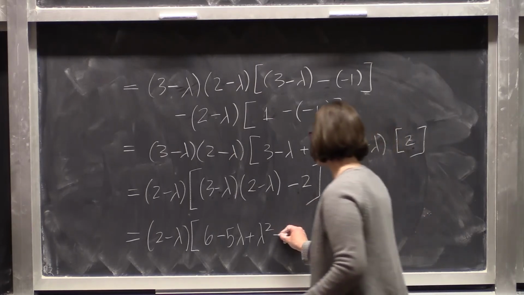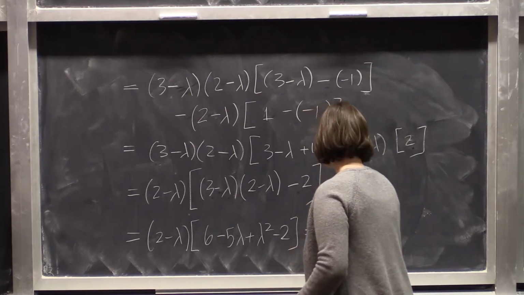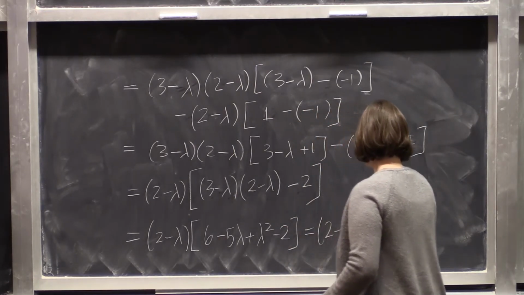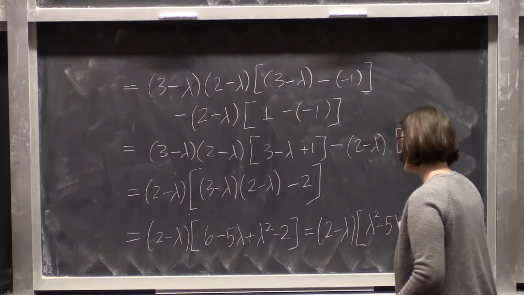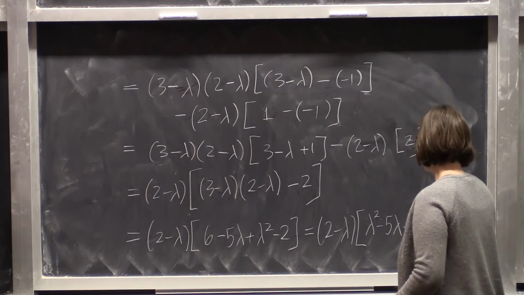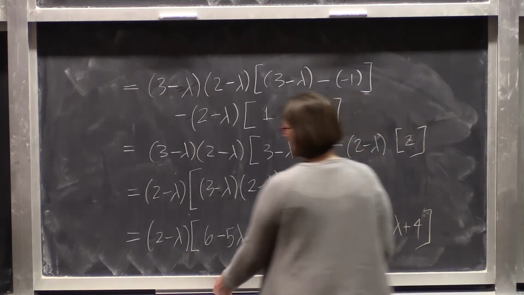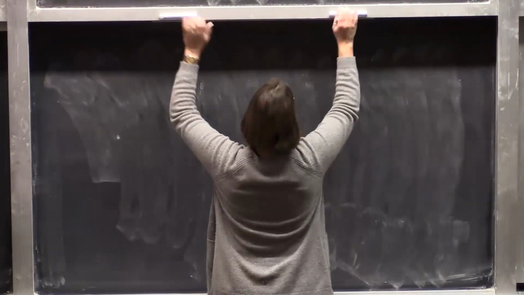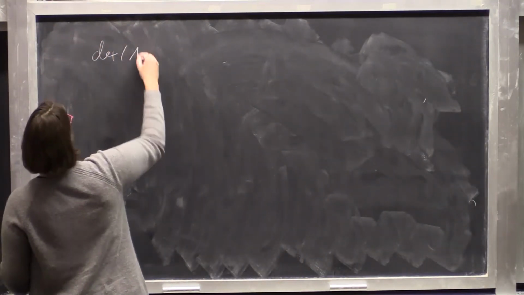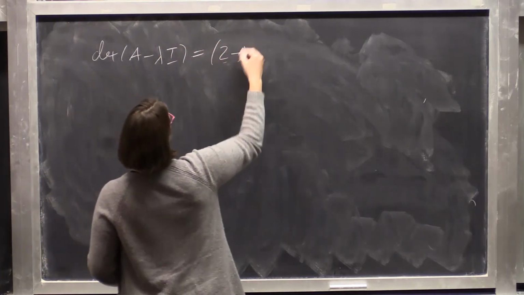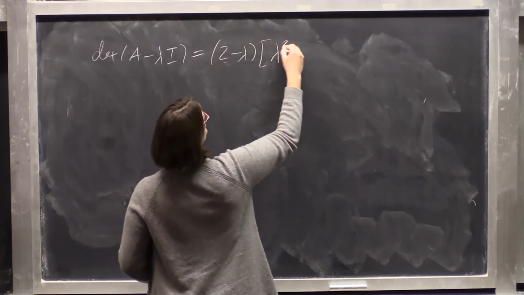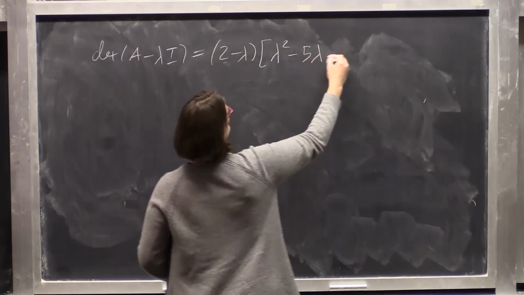Here I have minus 2. So this is 2 minus lambda times lambda squared minus 5 lambda plus 4. So I have that the determinant of A minus lambda I is 2 minus lambda times lambda squared minus 5 lambda plus 4.